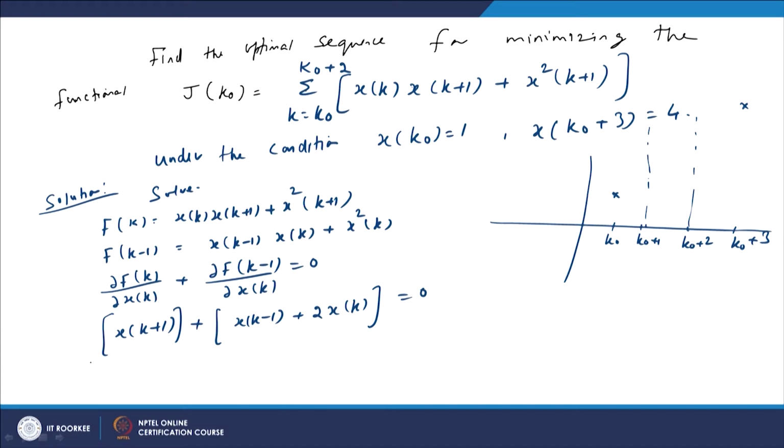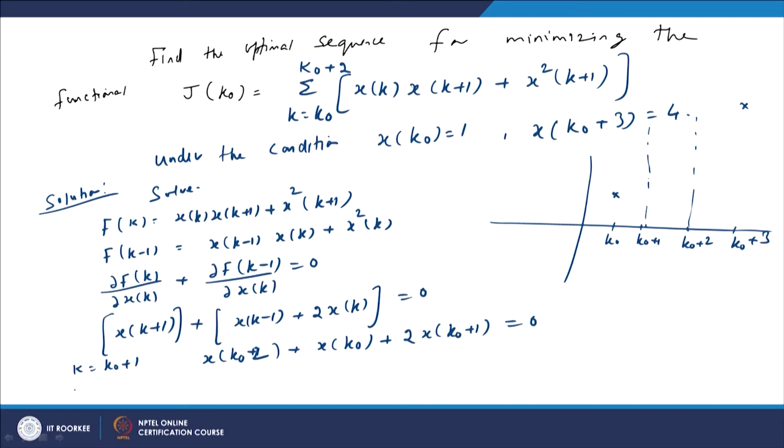Now we put k equal to k0 plus 1 in this equation, and we get x of k0 plus 2 plus x of k0 plus 2 times x of k0 plus 1, that is, x of k0 plus 2 plus x of k0 plus 2 times x of k0 plus 1 equal to 0.